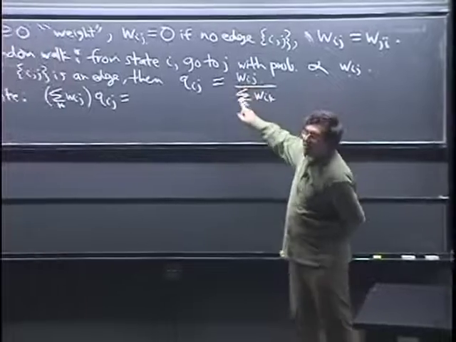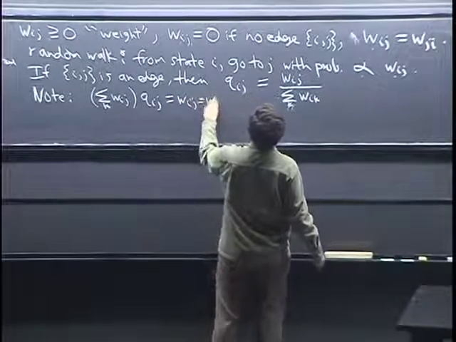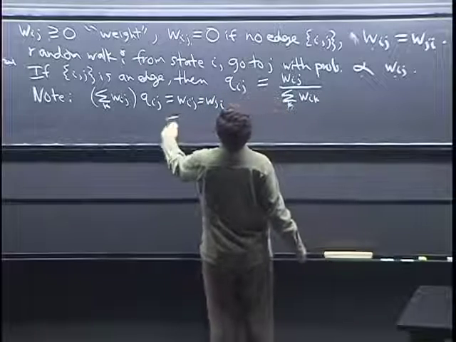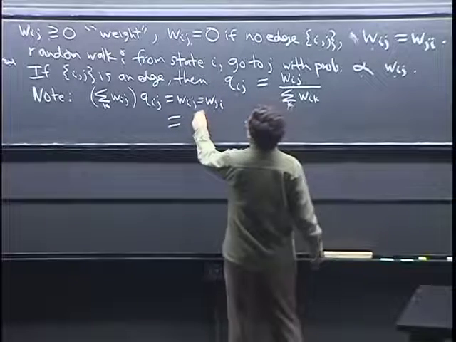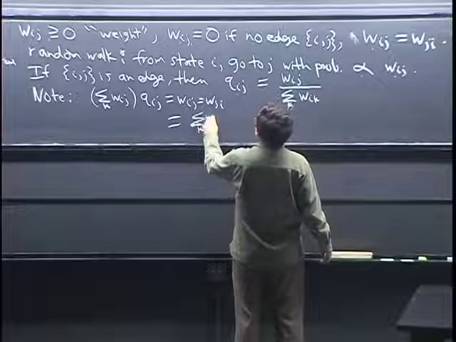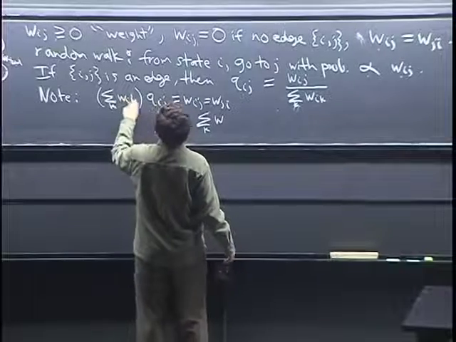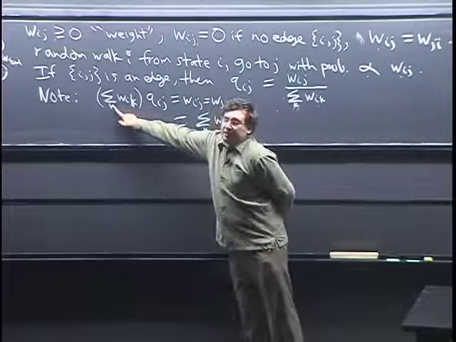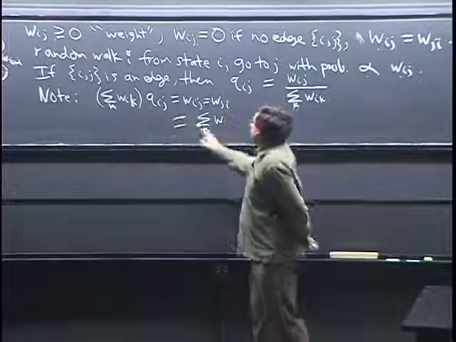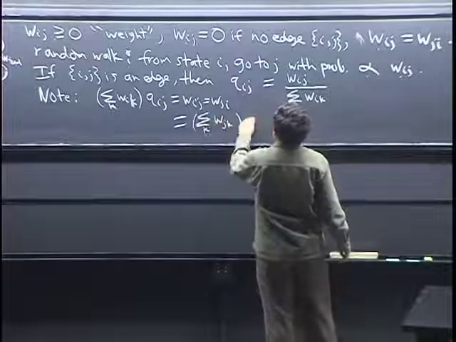That's Wij, but by assumption, Wij equals Wji. So that would be the same thing as if we did it the other way around and did the sum over all k of Wjk times Qji. Here k is a dummy variable, so we're summing over all k Wik, and here we're summing over all k Wjk.